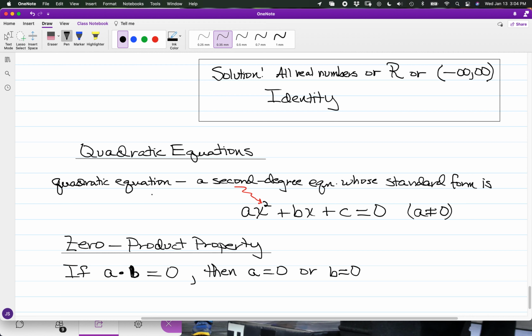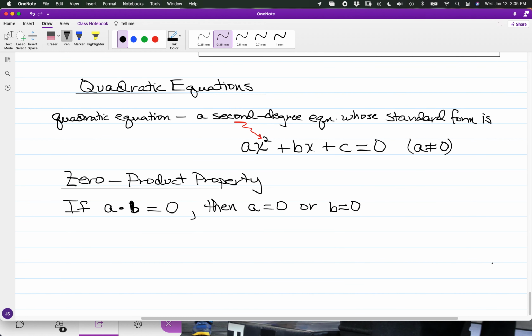And in terms of the quadratic equations, in other words, what's this got to do with the quadratic equation?